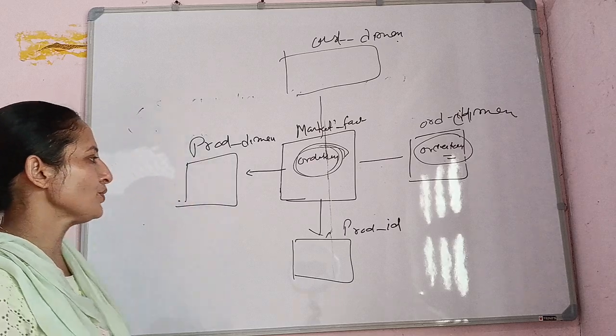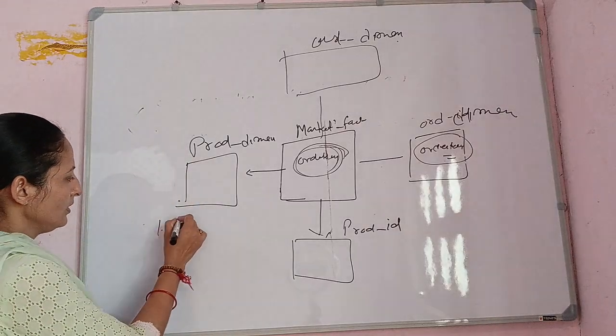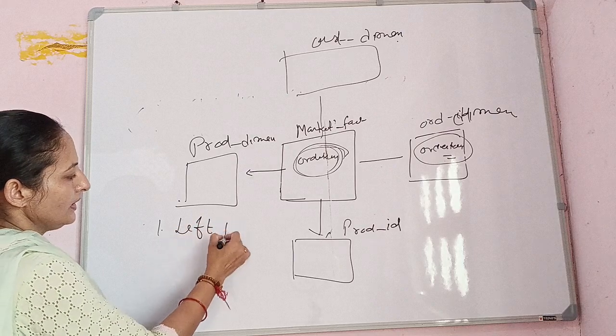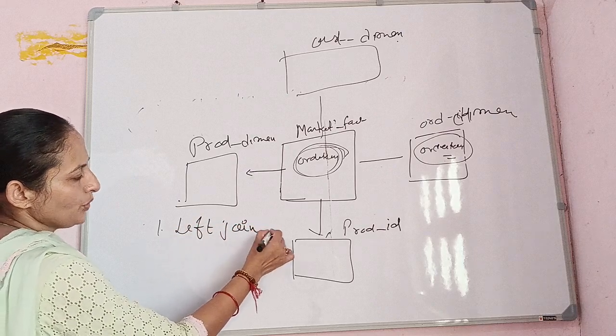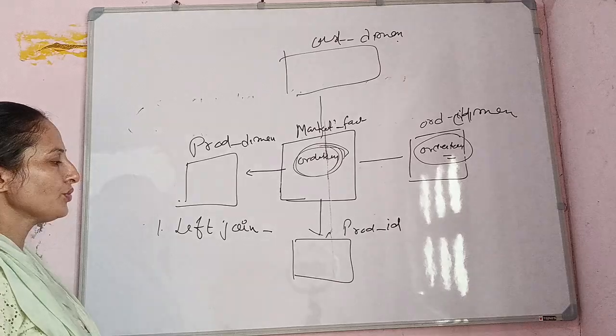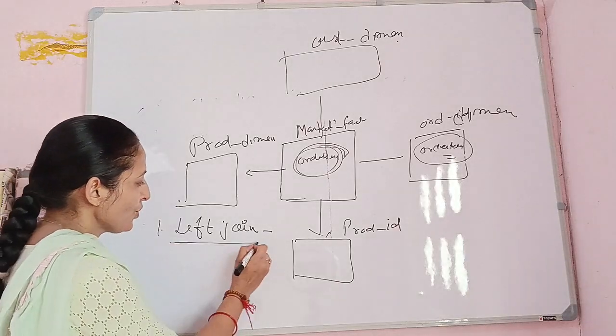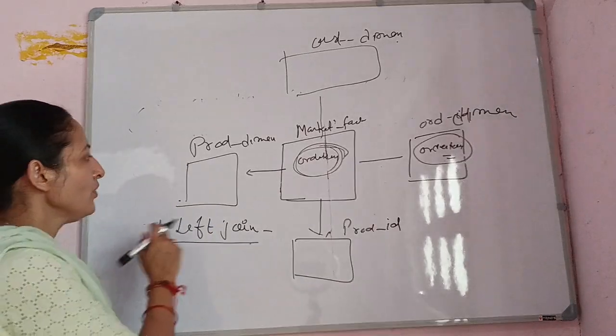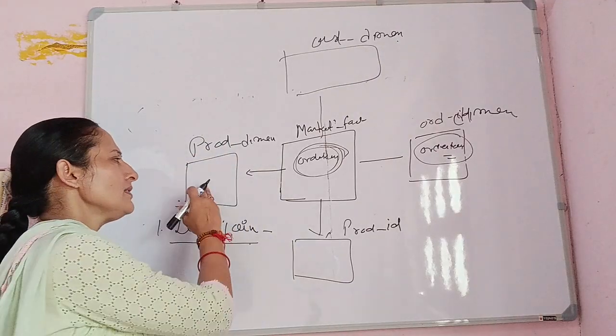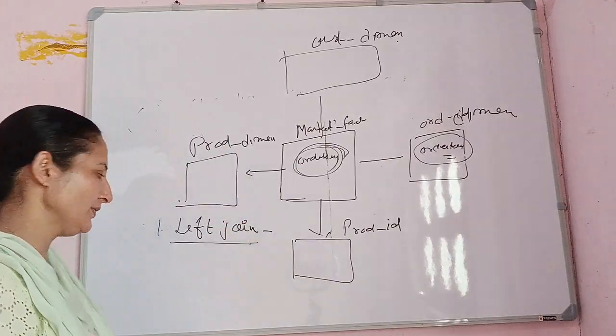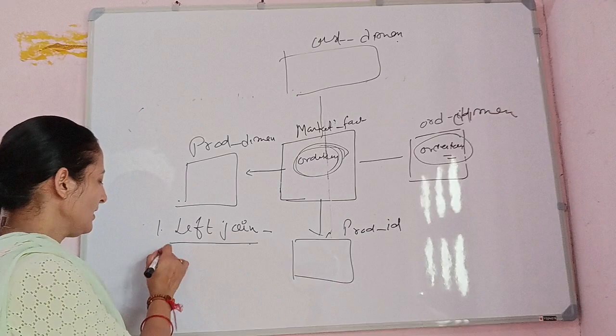There are different types of join. Number one, left join. I am going to start a new video about this. A left join will have the entire left table and some common elements from the right table, if there are two tables, left and right.